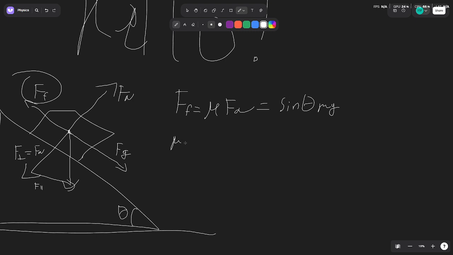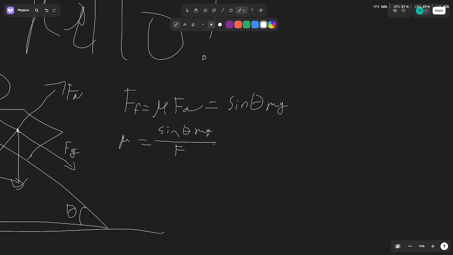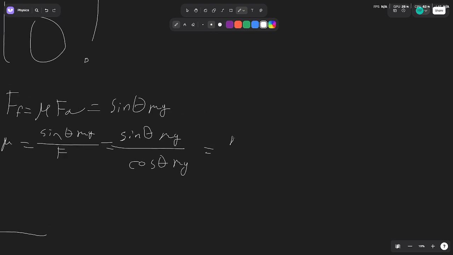So mu, in our case, equals sin of the angle times mg divided by the normal force, which also equals sin of the angle times mg divided by cos of the angle times mg, which means sin of the angle divided by cos of the angle.